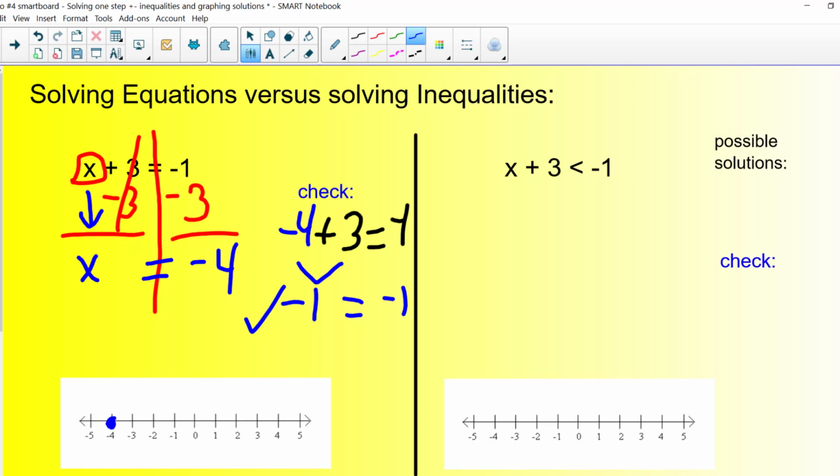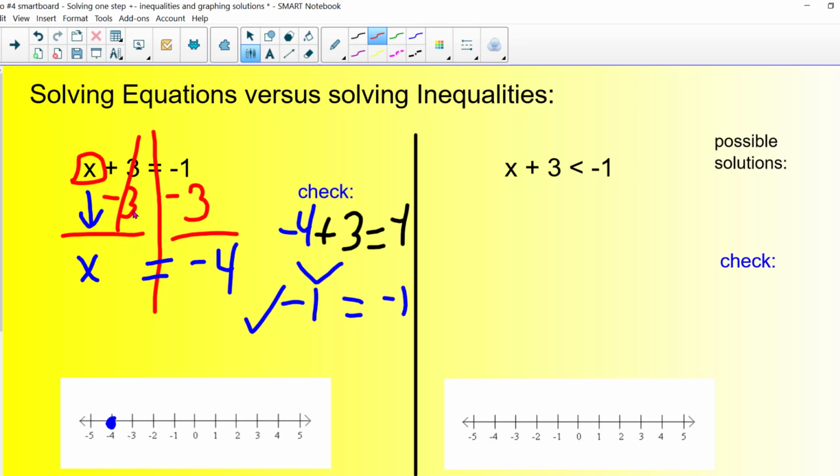That worked. So now let's move over to a similar problem, but now instead of an equal sign, I have the less than sign. It's still the same, x plus 3 and negative 1 on the other side, though. So we solve inequalities using the exact same steps we did when solving equations.